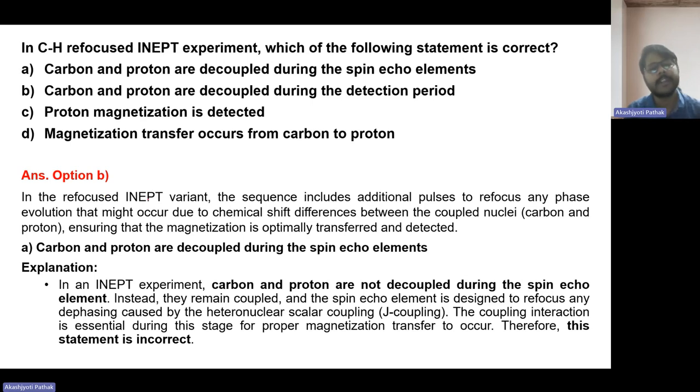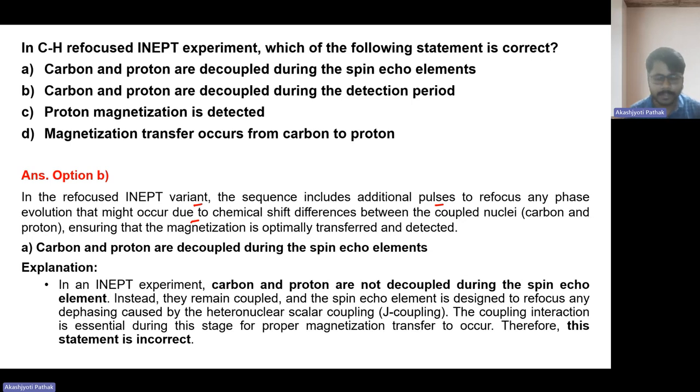So in the refocused INEPT variant, what happens? The sequence includes additional pulses to refocus any phase evolution that might occur due to chemical shift differences between the coupled nuclei, that is, between carbon and proton. That ensures the magnetization is optimally transferred and detected. Because of this optimal transfer of magnetization, we are getting an increased intensity signal.